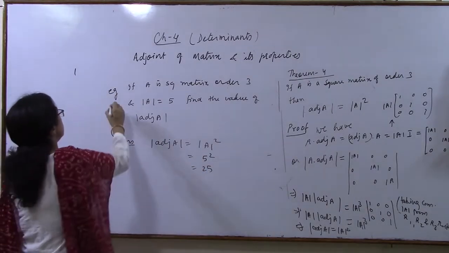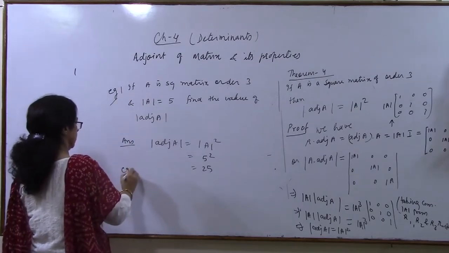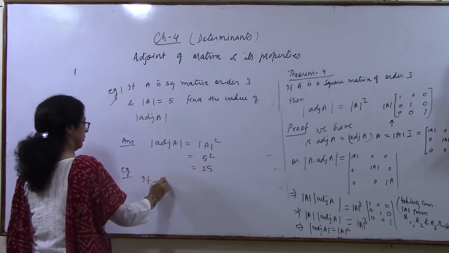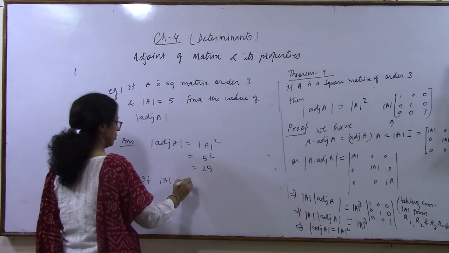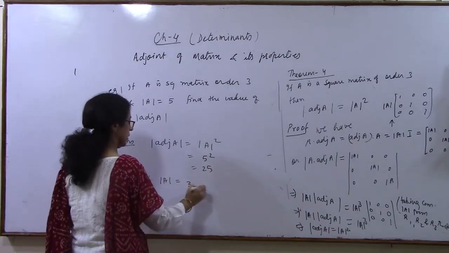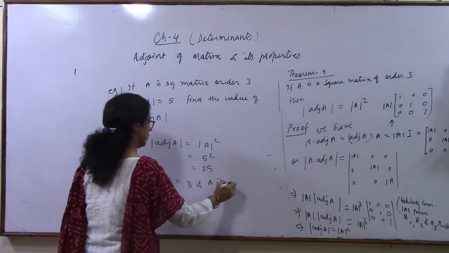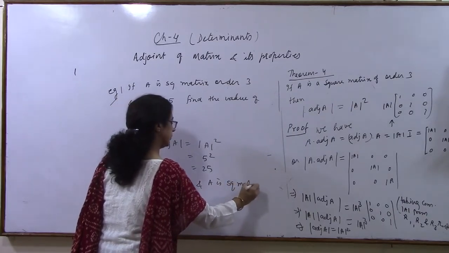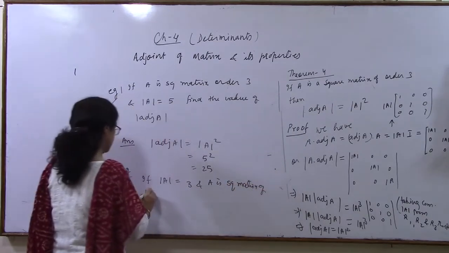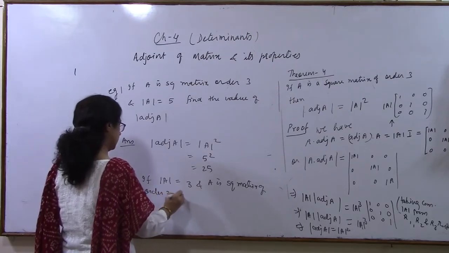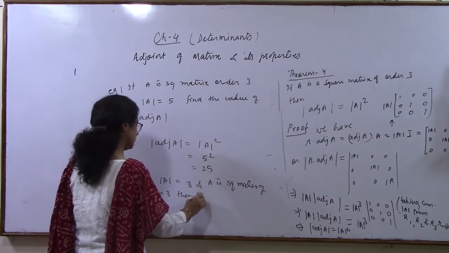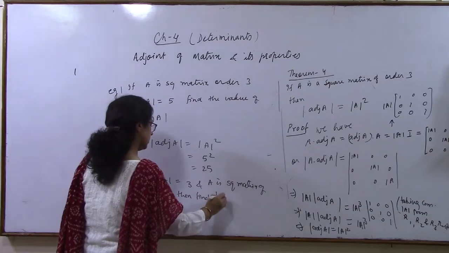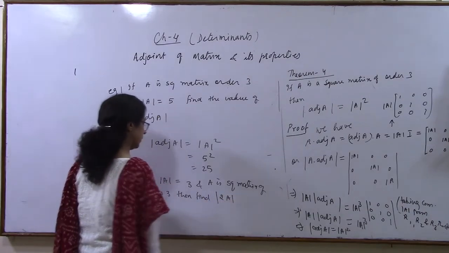और क्वेश्चन आपसे दिया है, if determinant A equal to 3 and A is a square matrix of order 3, then find determinant of 2A.